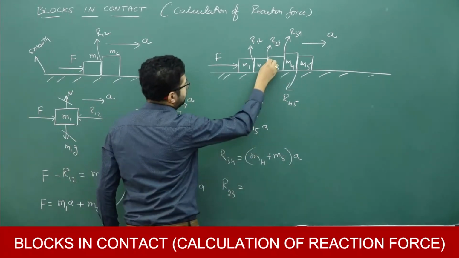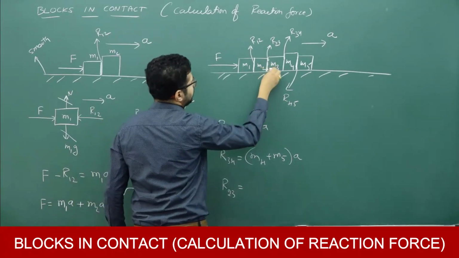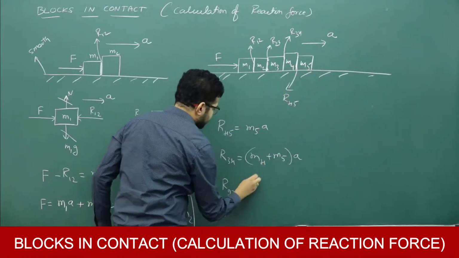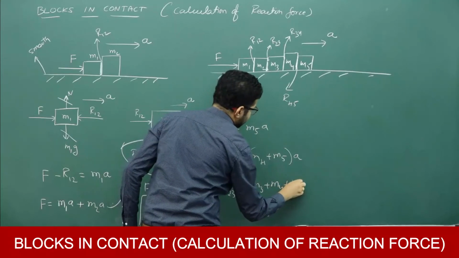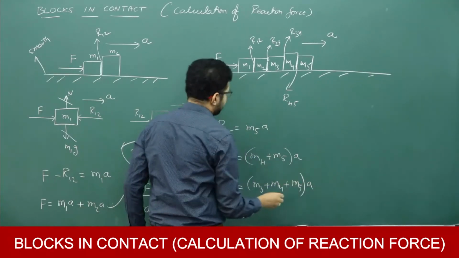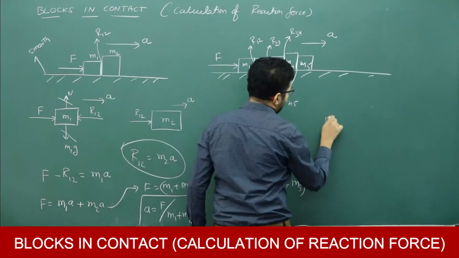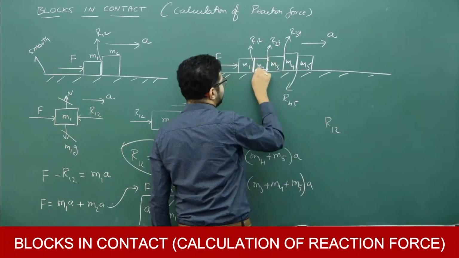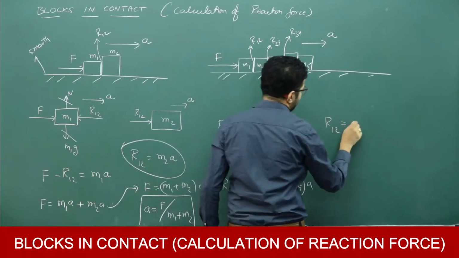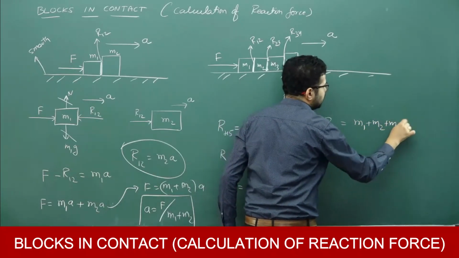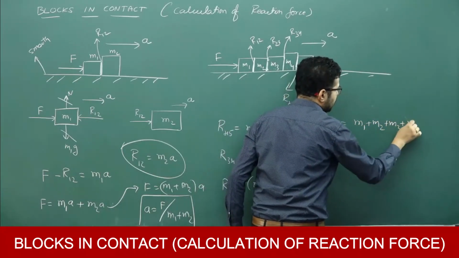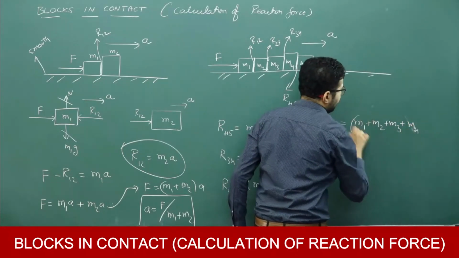R23 is equal to M3 plus M4 plus M5 into A. And R12, this reaction force has to push 2, 3, 4 and 5, so R12 is equal to M2 plus M3 plus M4 plus M5 into A.